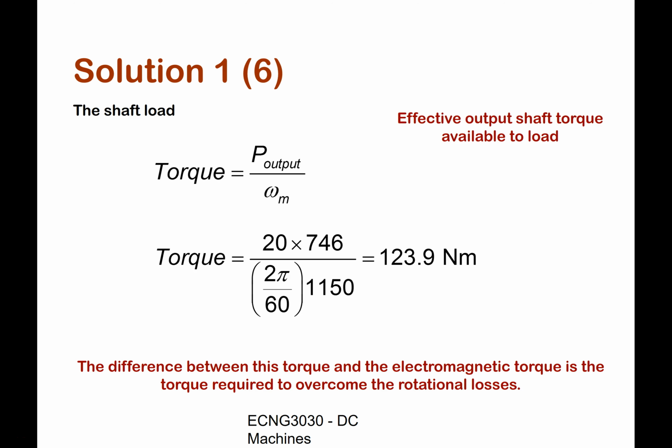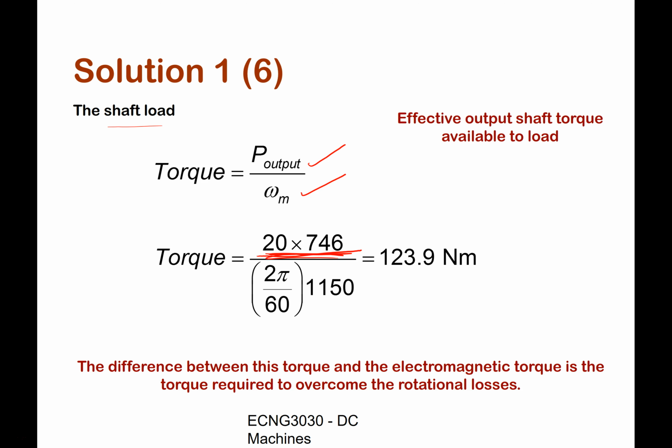The last part, so I guess the previous part was not the last part, is the shaft load. And to get the shaft load, which is the effective torque that we could output, we simply need to use the output power divided by the mechanical speed. So the output power again is the effective load that is available, the shaft torque that is available to the user.